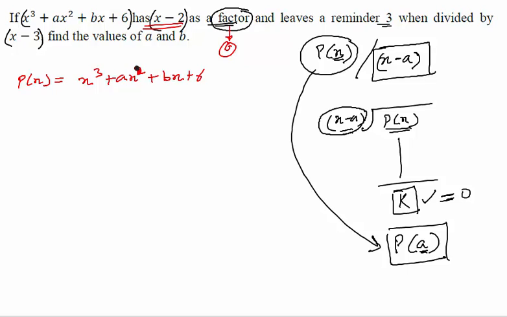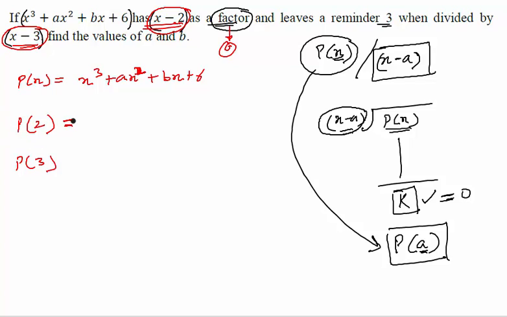Now we have to find the value at x equal to 2 and x equal to 3. And how did I find that? Just by looking at the values with which we are dividing the polynomial. So first, if we are dividing by x minus 2, I have to find the value at x equal to 2. If I am dividing by x minus 3, I have to find the value at x equal to 3, right?